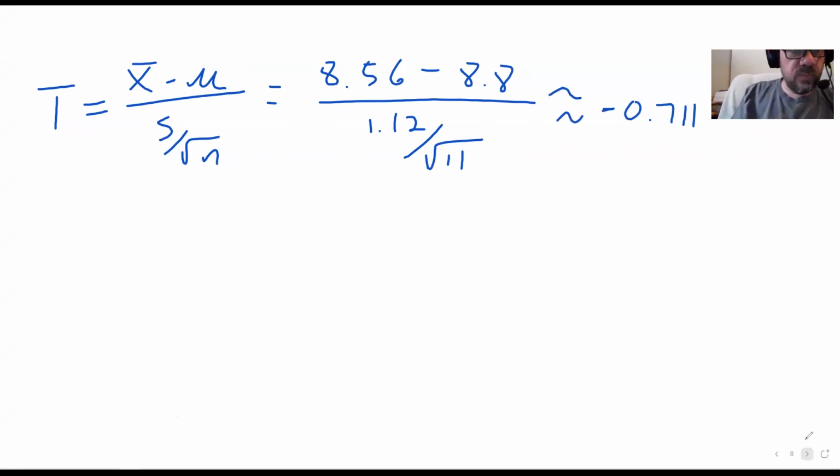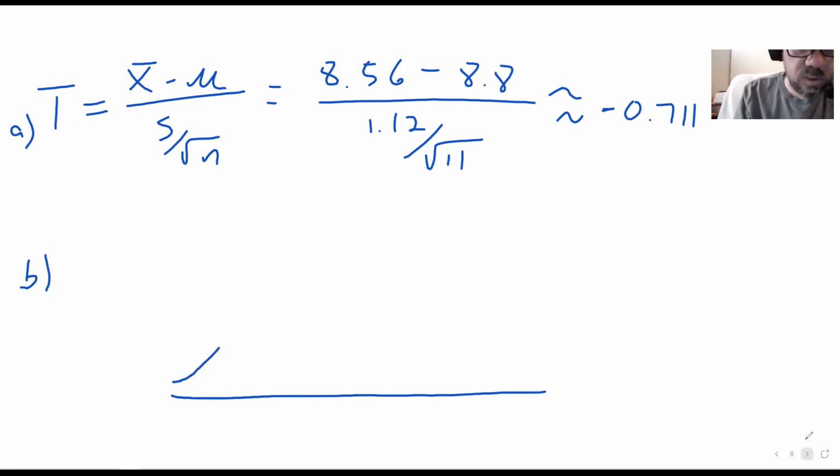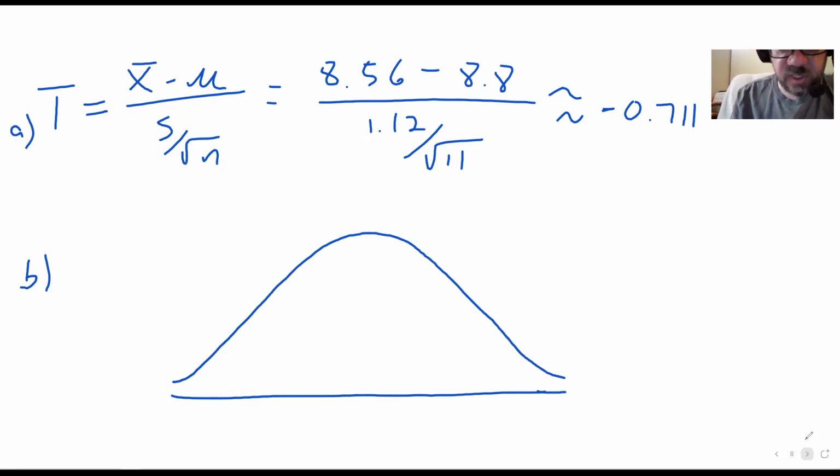All right, so this was A. So in B here, we are going to need to draw our t-distribution. On your t-distribution, everything is t-scores, not means. Everything in here, 0, and this is t with 10 degrees of freedom because our sample size was 11, so 10 is 11 minus 1.